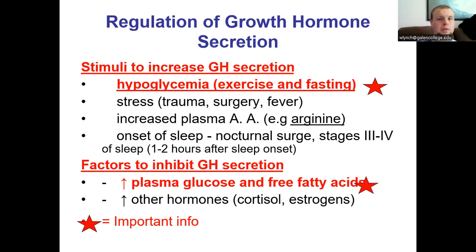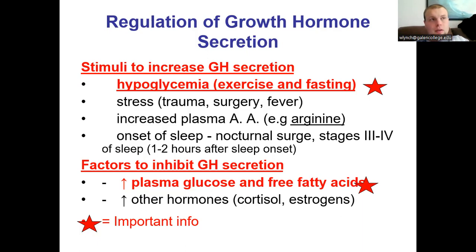If we increase our plasma amino acids, such as arginine, this will also increase GH secretion. And mostly our natural cycle of GH release comes from sleep onset. So in a normal given person, you will have GH secretion be the greatest at the time of nocturnal onset, so the onset of sleep. And this is within 1 to 2 hours after going to sleep.